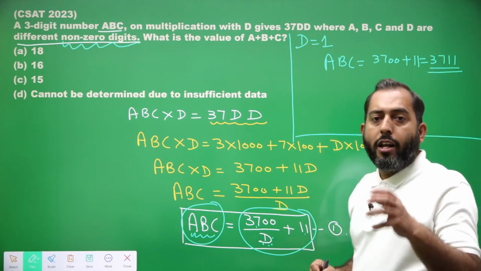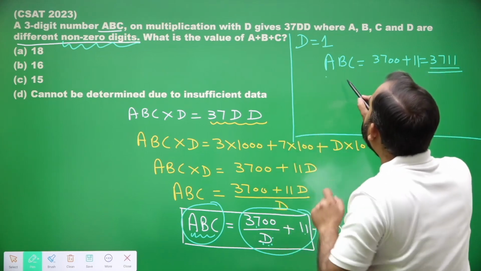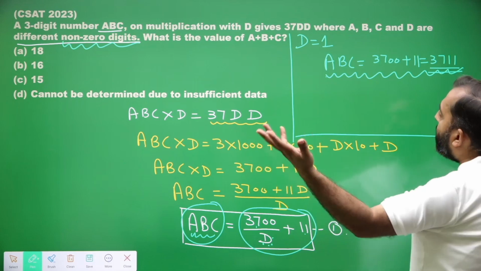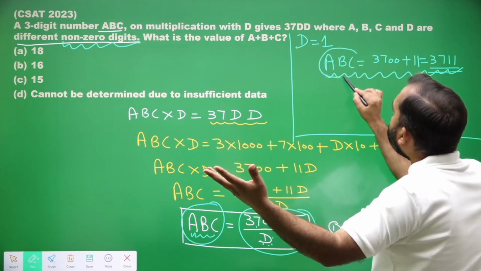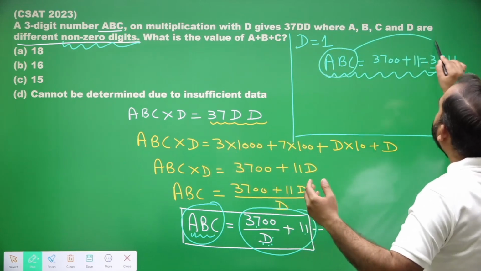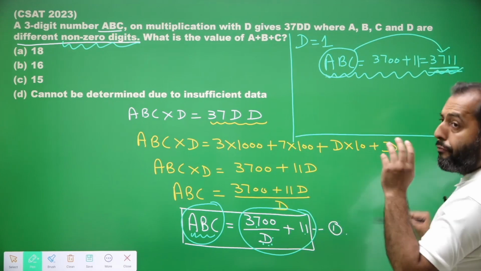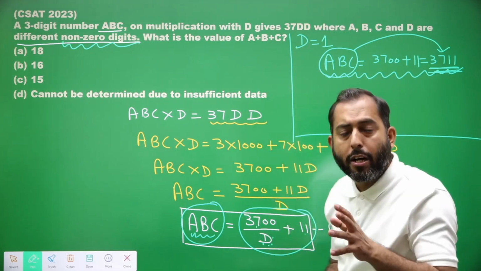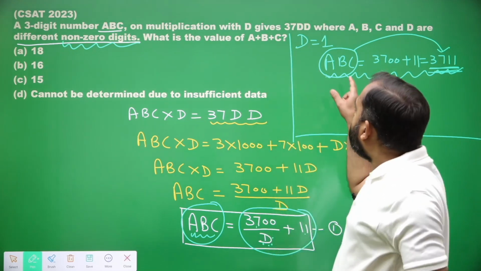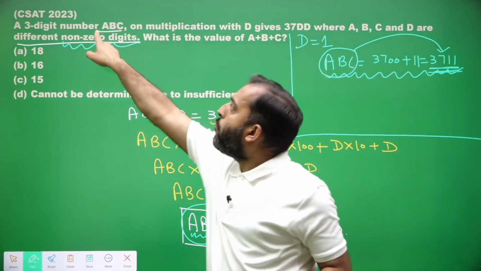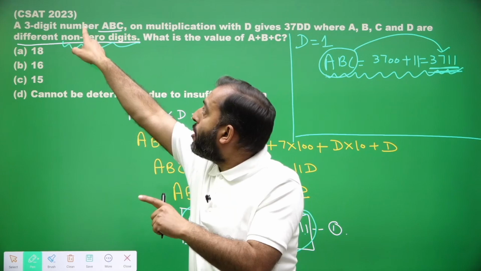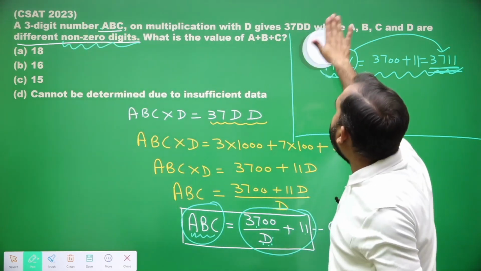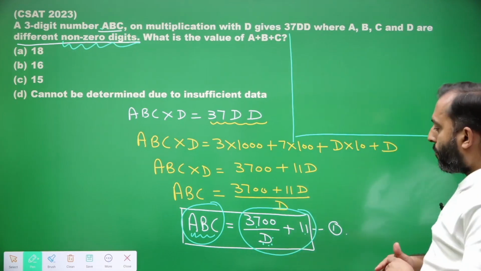Now this is not justifying one more condition given in the question, that ABC is a 3-digit number, whereas 3711 is a 4-digit number. Although D is dividing 3700 completely, this assumption is missing one of the conditions given in the question. Hence, D cannot be equal to 1.